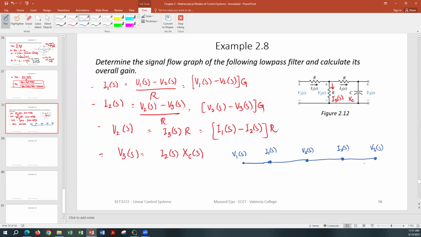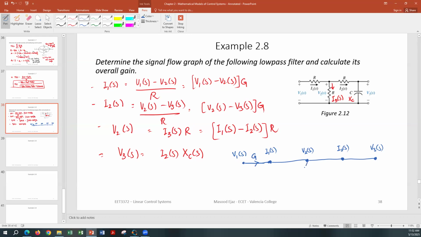So these are my 5 nodes that represent signals. Okay, I1S from the first one, I1S is V1S times G. So we have V1S, and I'm going to make the gain of this G. So V1S times G is going to be part of I1S, and then negative V2S times G.